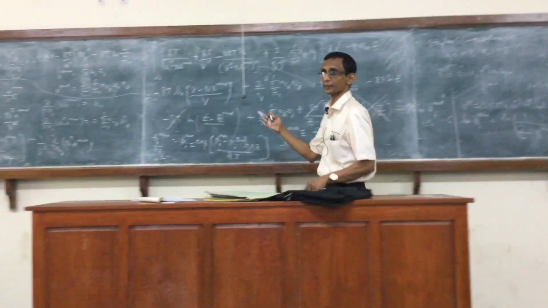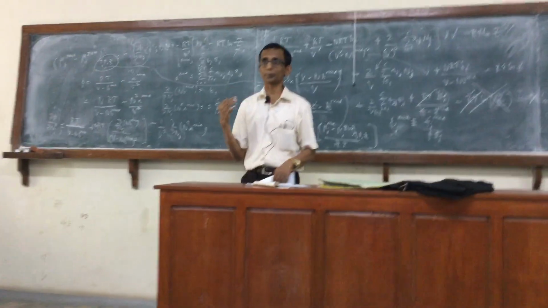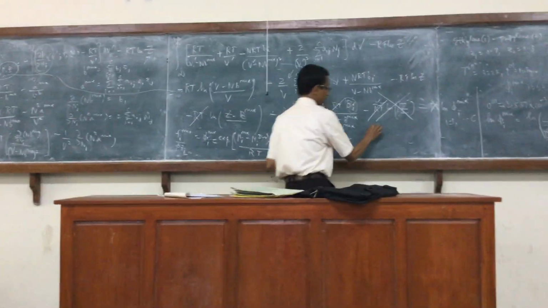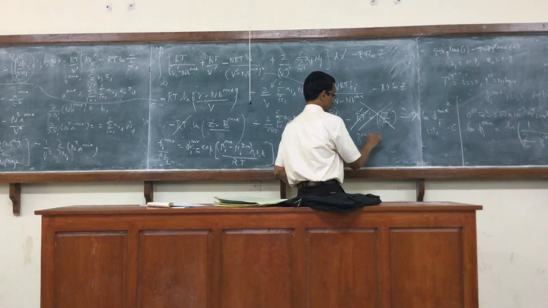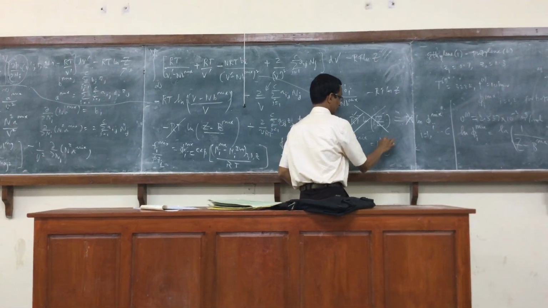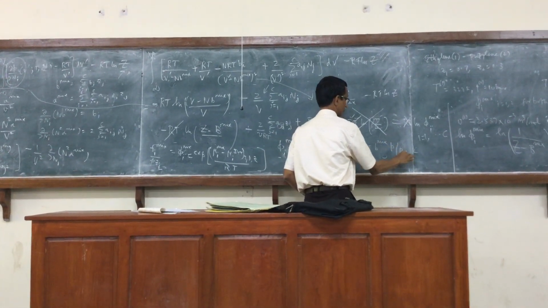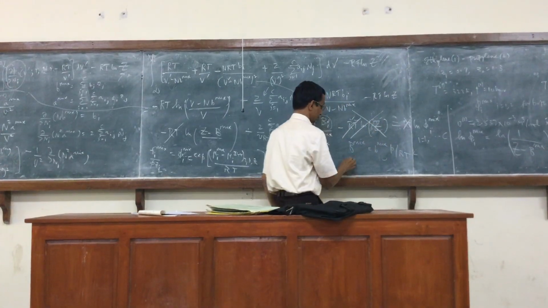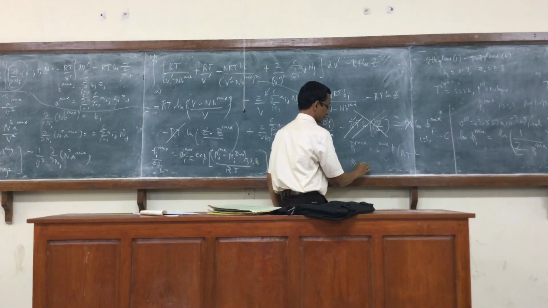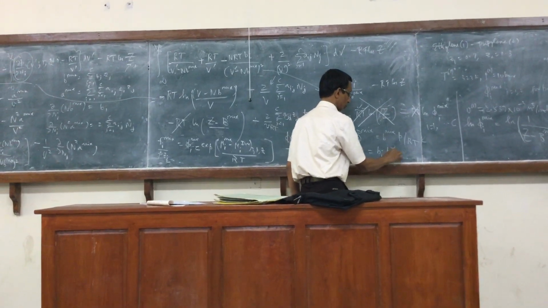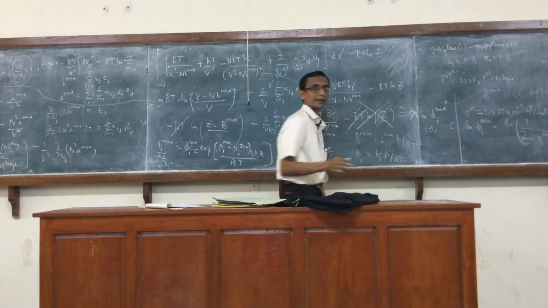Now what is B mix and capital B_i? The capital B mix is small b mix times P over RT. It will differ for the 2 states. And B_i is simply b_i times P over RT. This is another standard way of writing.